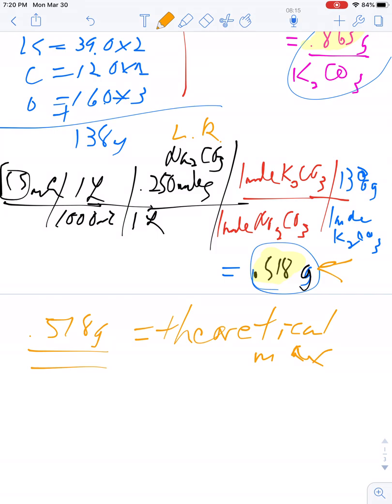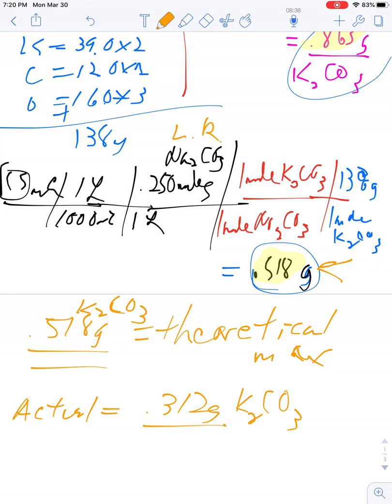So when you actually do the lab, you end up with 0.312 grams of the potassium carbonate. Well, the theoretical maximum is 0.518, and the actual is this.